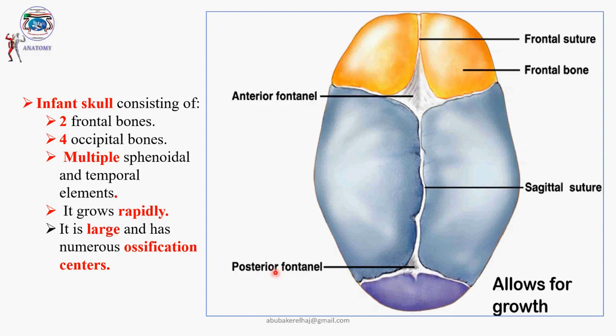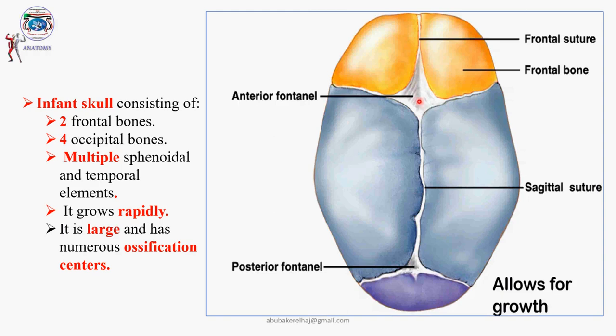Okay, the infant's skull consists of two frontal bones separated by the frontal suture. Gradually, these fuse together and form a single bone, and we also have two occipital bones that gradually fuse together to form a single bone.